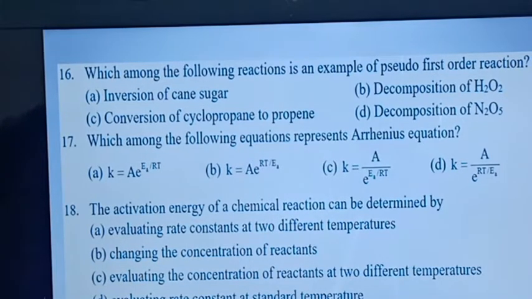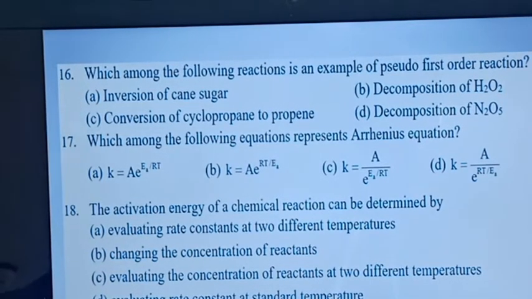Inversion of cane sugar is the best example for the pseudo first order reaction. Now inversion of cane sugar is an example for pseudo first order reaction where cane sugar, which is sucrose, will get converted into glucose and fructose.